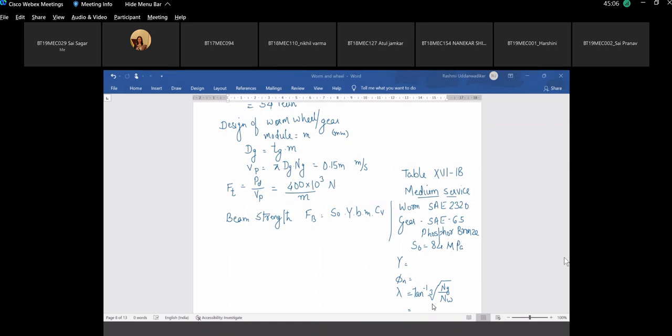Sarvesh, Karthik, give me the answers. Karthik, are you there? 18.4 degrees is lambda.